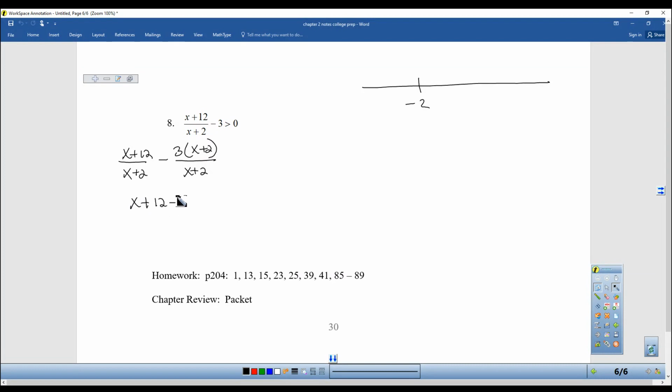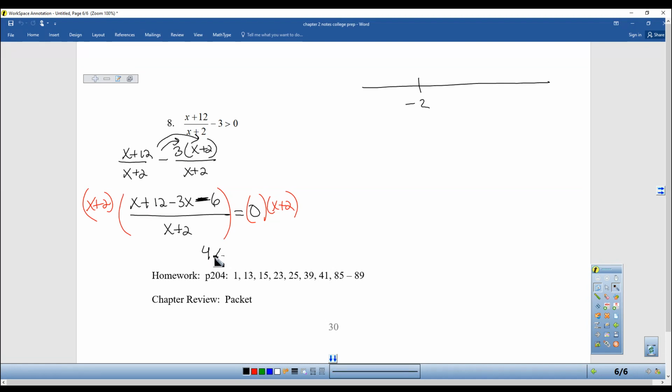It's x plus 12 minus 3x minus 6. So watch out for that distributing of that negative. Over x plus 2. I'm just going to change it to equals 0. I clear my fraction and also simplify.